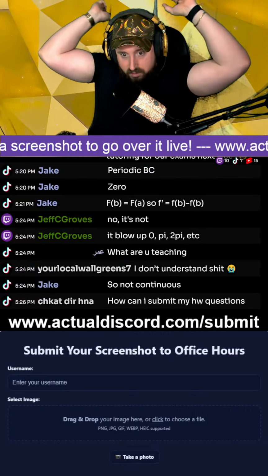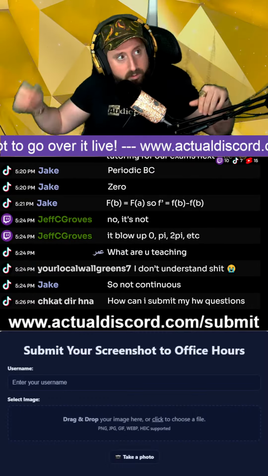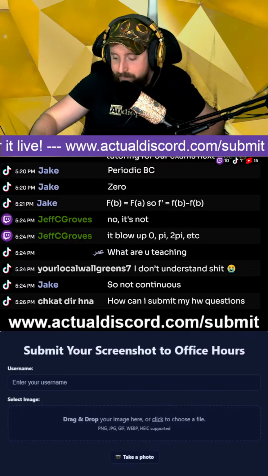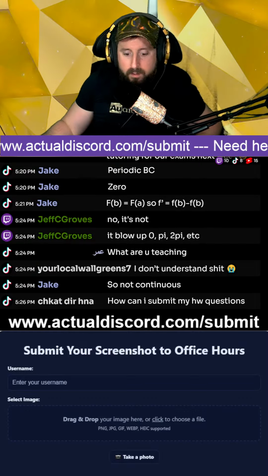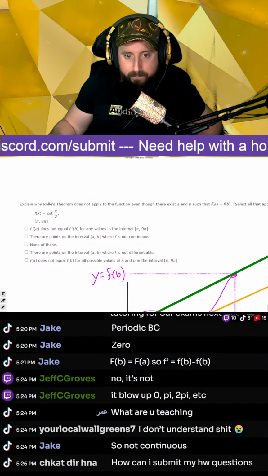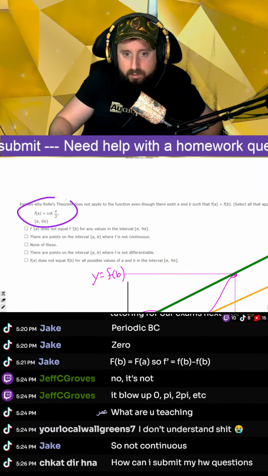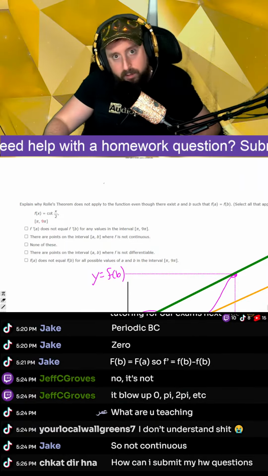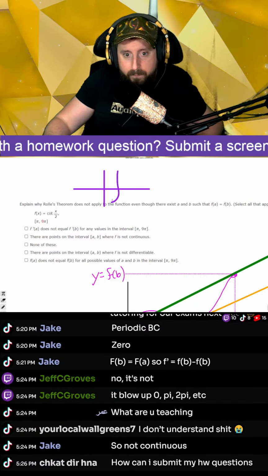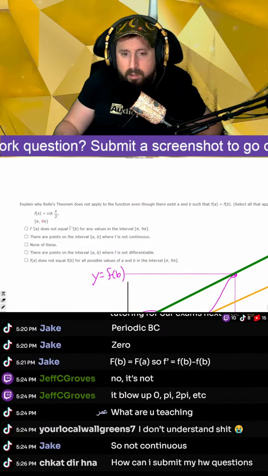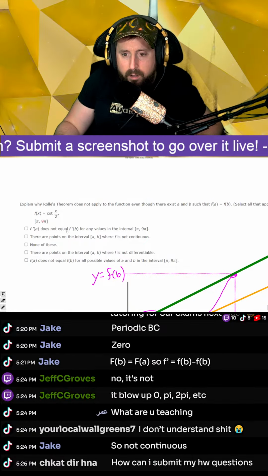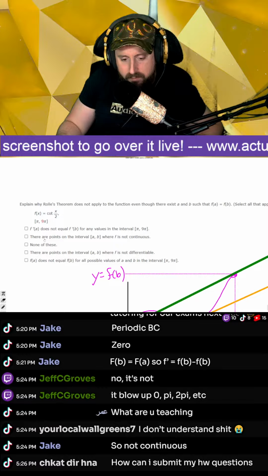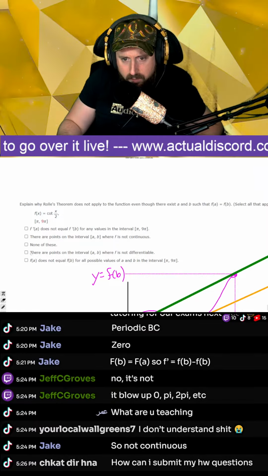All right, Thuma, let's see what the rest of this question was. Okay, so this is not continuous, just because cotangent looks really weird. So not continuous, which means it's not differentiable, right? It's not differentiable at certain points, I think.